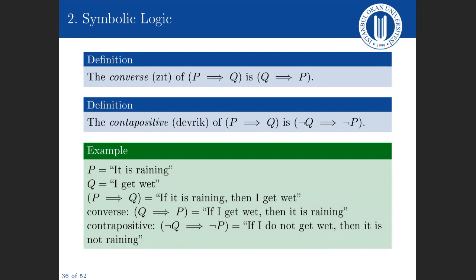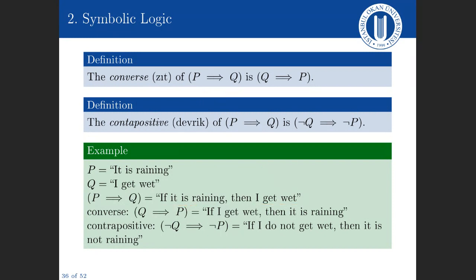Okay, converse and contrapositive, they're not the same. Converse means we swap the positions of P and Q to get Q implies P. So instead of if it is raining, then I get wet, we swap these to get: if I get wet, then it is raining.